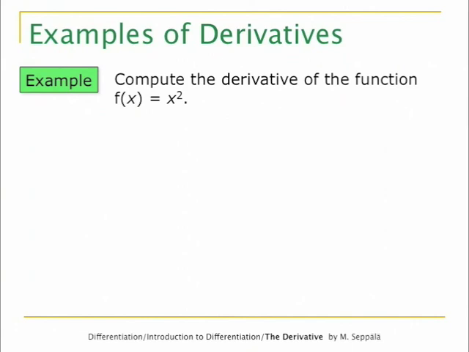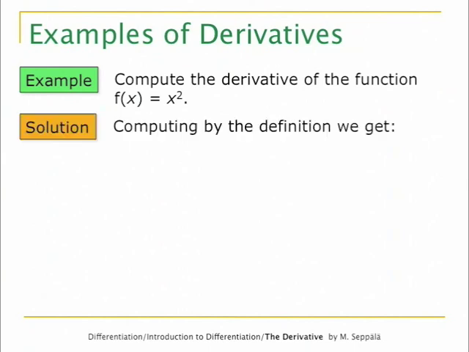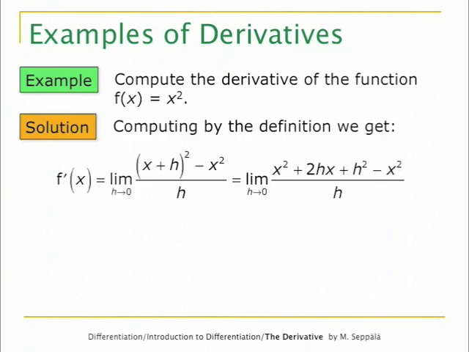As the first example, let us compute the derivative function of the function x squared. Computing by the definition, the derivative of the function f equals x squared at the point x is the limit of ((x + h) squared minus x squared) divided by h, as h approaches 0. Expanding the brackets in the numerator, we get the limit as h approaches 0 of (x squared plus 2 times h times x plus h squared minus x squared) divided by h.